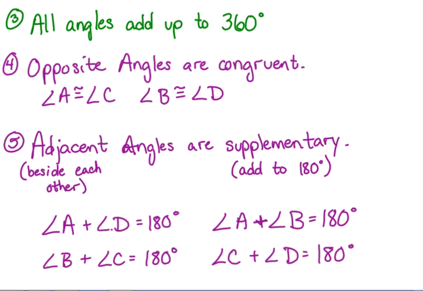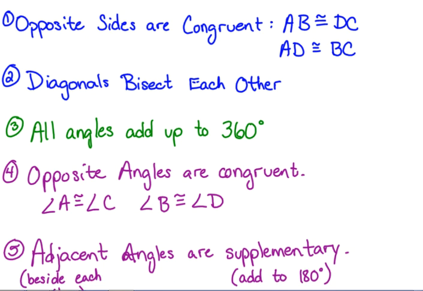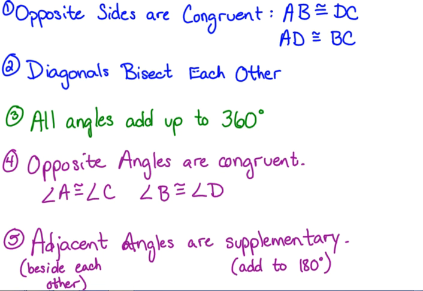Last thing, what kind of figure is at the bottom of your paper there? A rectangle. Well, guess what? A rectangle is a special case of a parallelogram. Doesn't it have all these properties that we've talked about already? It has two sets of parallel lines.